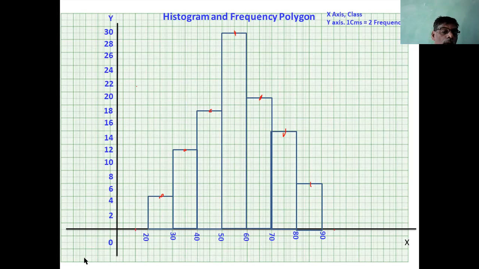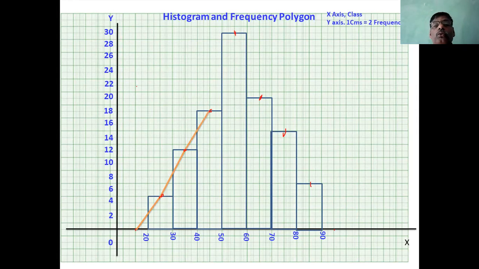Now you join the midpoints by a straight line. You have to join the midpoints by a straight line. You see here, the midpoint from 10 to 20, 0. I have taken 10 to 20. First, second, you join.